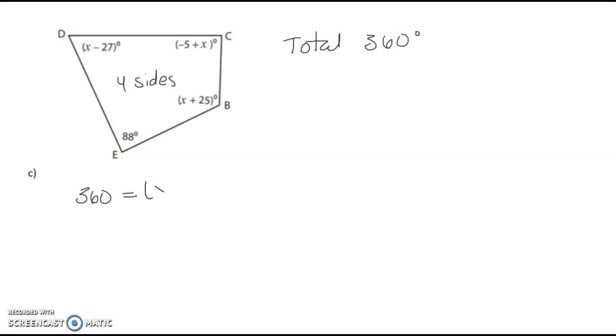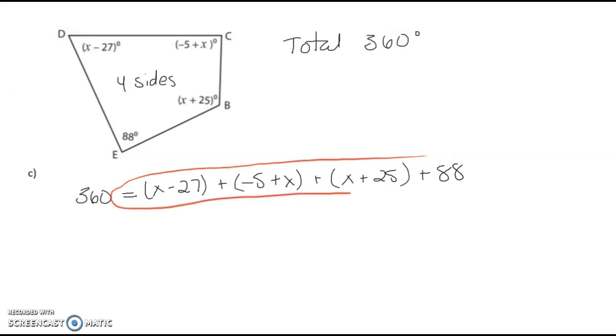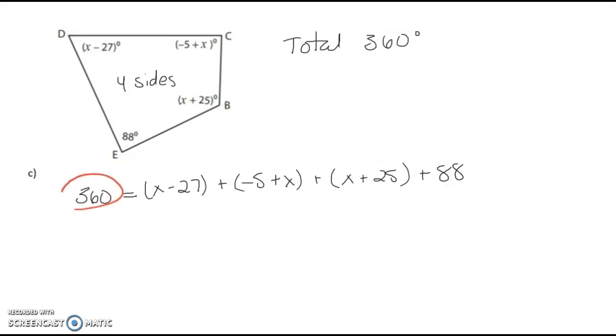So we have X minus 27 plus -5 plus X plus X plus 25 plus 88. And all of this totals the 360 degrees. So now I can rewrite this side without all the brackets, okay?